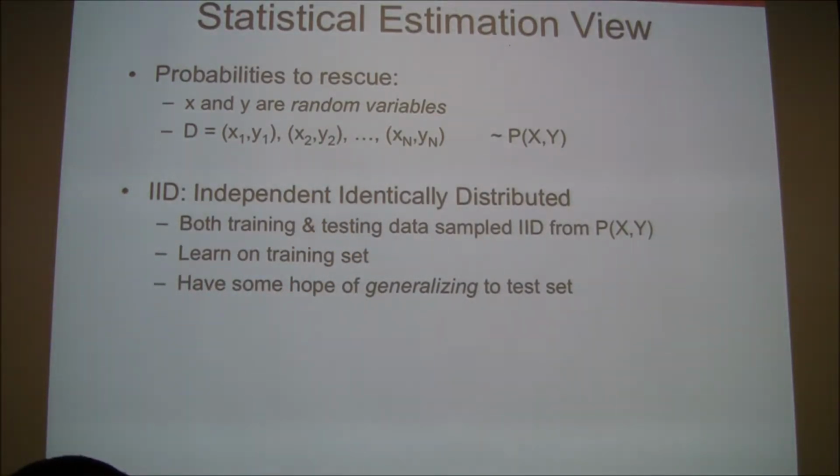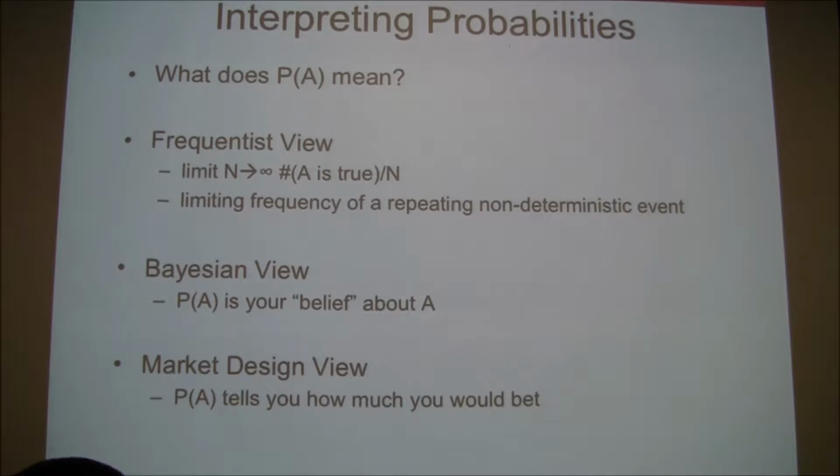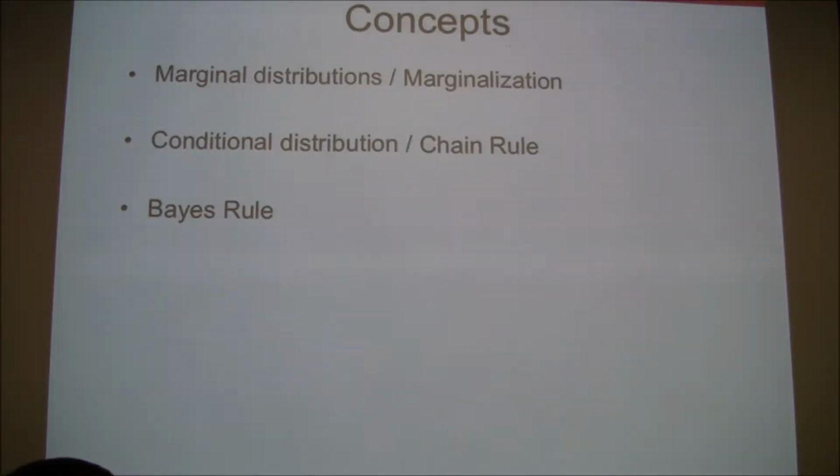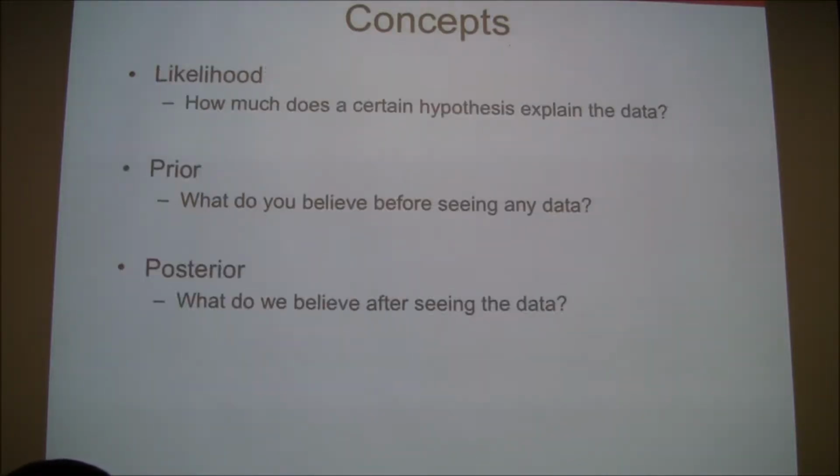That's why we need estimation theory. We talked about different interpretations of probabilities, and this will play up again today because we're going to look at a frequentist estimator and a Bayesian estimator. They will come back to this distinction about whether or not you view a variable as probabilistic, as in the frequentist versus the Bayesian view. We talked about marginals, conditionals, and Bayes' rule.